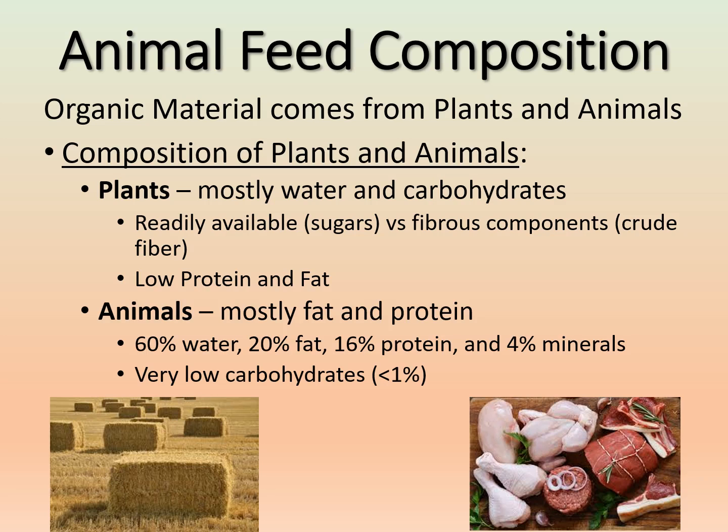Now, if you're talking about animals, animals are mostly fat and protein. Obviously they have water as well. So both plants and animals are mostly water, but you get 20% fat, 16% protein, and some minerals as well. You've got to remember they have some minerals, because especially when you're talking about whole animals, you're talking about bones too, and that's very important when we're talking about this whole idea of a balanced diet, and especially for those exotic animals.